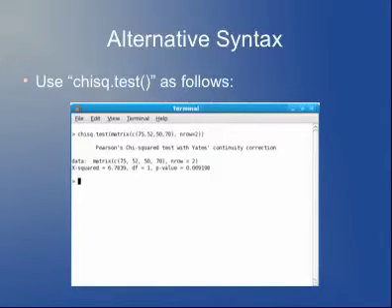You can also give R data to populate your matrix with when you use the matrix command. Here I say matrix 75, 52, 50, 70, and then nrow equals 2. R is smart enough to realize, okay, if I have 4 numbers and it has to be packed into 2 rows, then it has to have 2 columns, so you don't have to tell it the number of columns. That will automatically create a matrix.